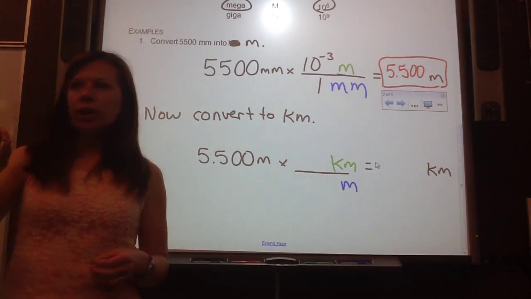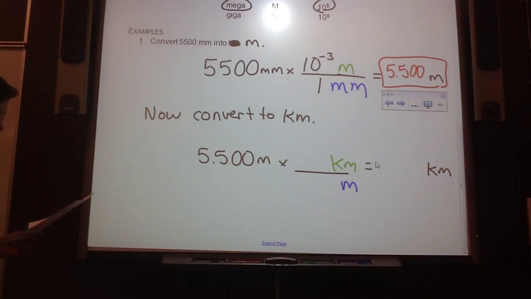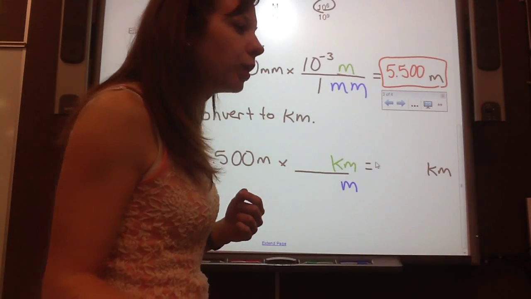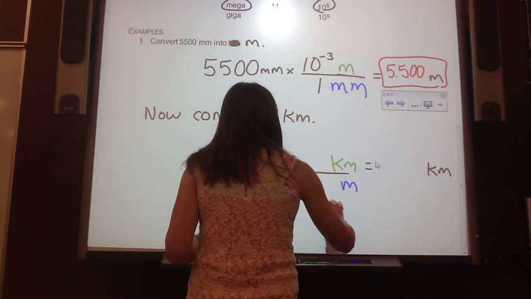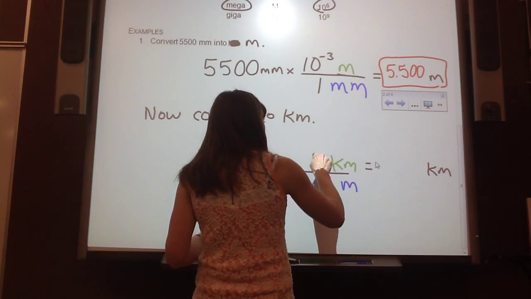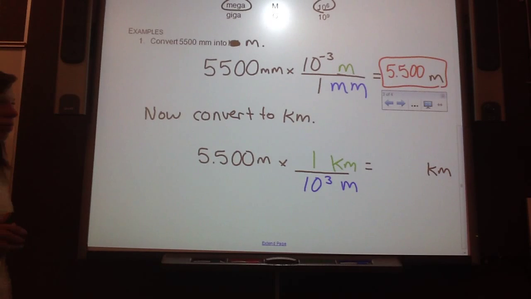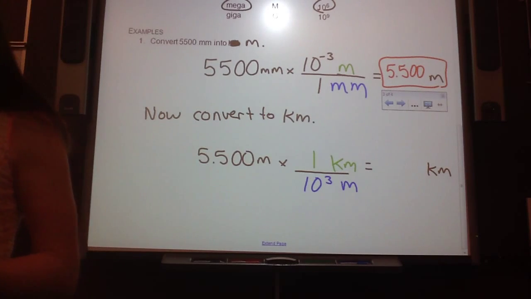Then you go and you look at your chart. What is the comparison here? Okay? So, there is 10 to the power of 3 meters in every 1 kilometer. But on the K it says 10 to the power of 3. That's right.